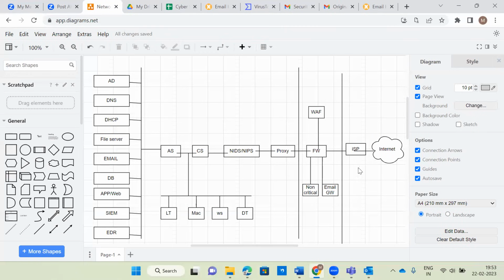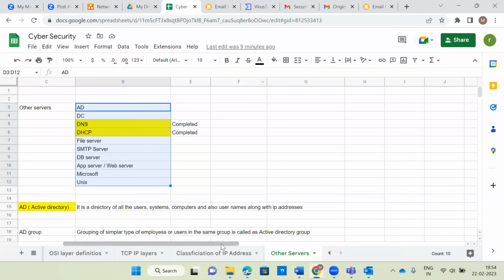This pictorial representation of the architecture is called a network architecture diagram. This is applicable to the data center, and even to the cloud as well.